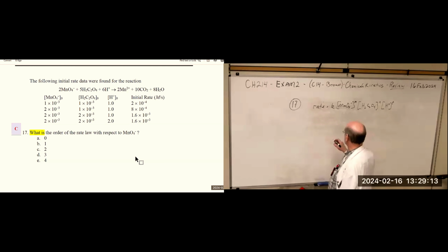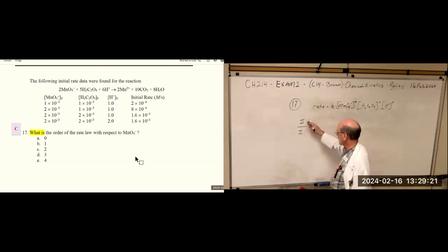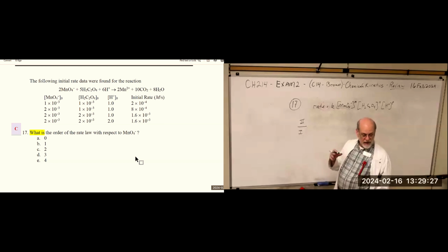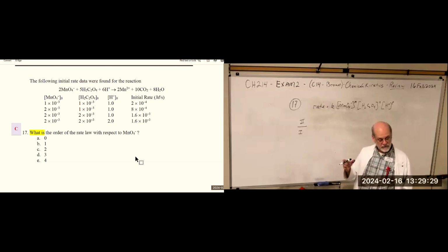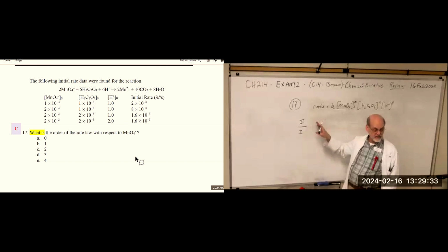Let's do the second experiment first, ratioing the second on top and the first one on the bottom. The reason is the faster rate is number 2, and dividing by the lower rate gives us a whole number rather than a fraction.